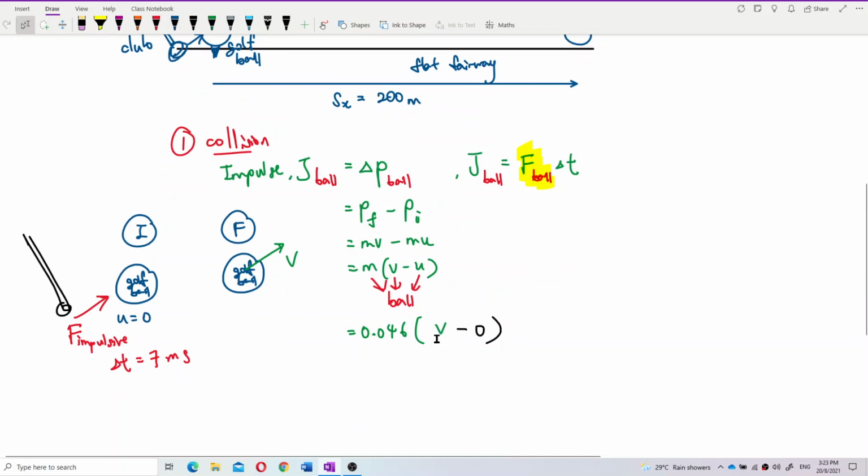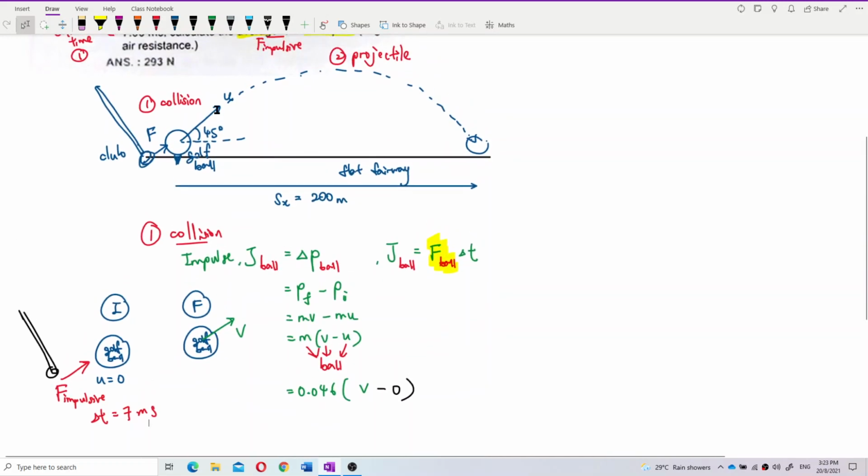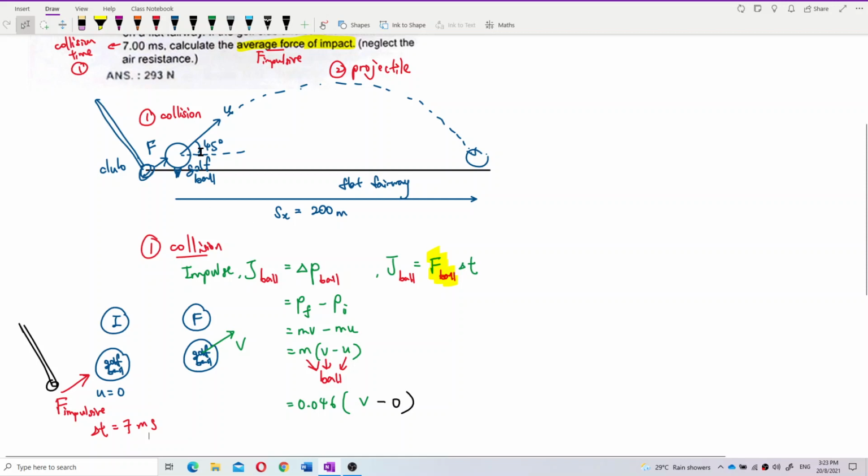How to find out the v? This v actually is the initial velocity for the projectile motion.